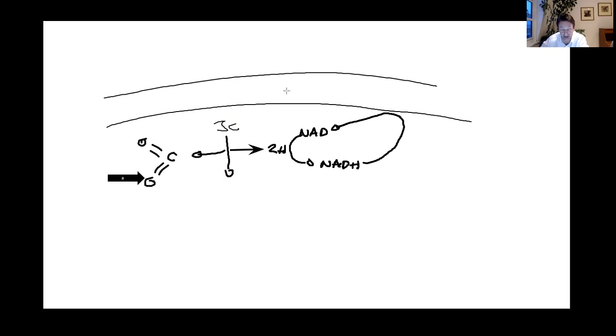It goes back to becoming NAD. You've got a chain of carriers. The electrons that are being delivered then go through the chain of carriers, join with oxygen to become water, pushing protons through against their concentration gradient. They flow out again, forming ATP.